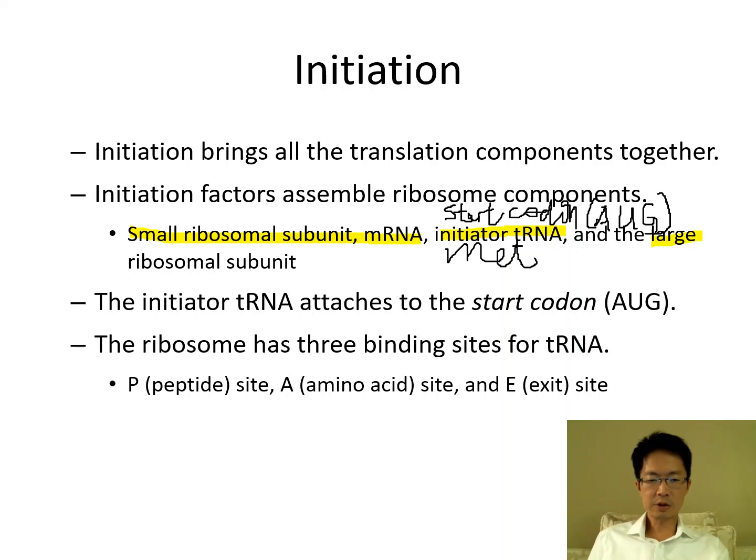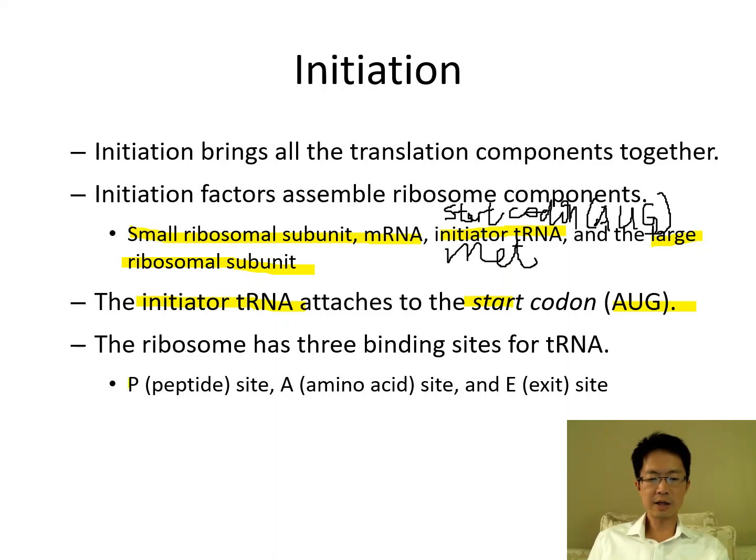So the initiation of the translation requires at least these 4 components. And as I said, the initiator transfer RNA has the start codon AUG, and the ribosome has the free site for AUG.